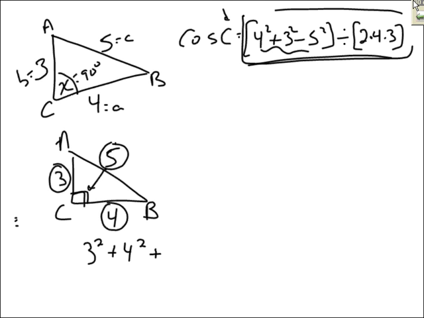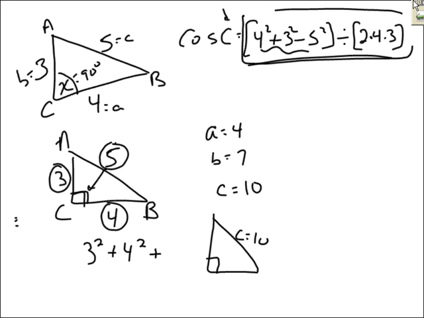If you notice that from the get-go, then you know that this was 90 degrees. Opposite the hypotenuse is 90 degrees. Opposite the larger side is the right angle, if it is a right triangle. If I tell you that the triangle I'm about to draw has little a is 4, little b is 7, and little c is 10, if it is a right triangle, then 10 must go right there.